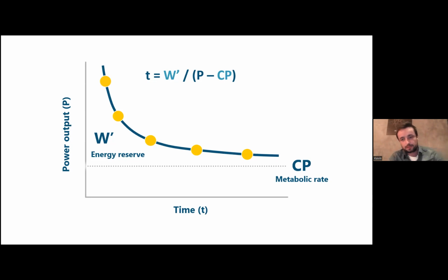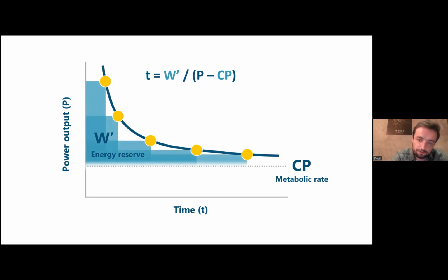So critical power is mathematically the asymptote of the relationship, and then the W prime mathematically corresponds to that blue box, so the area between the curve and that asymptote. And again, important to realize is that the area of each of those boxes is exactly the same.